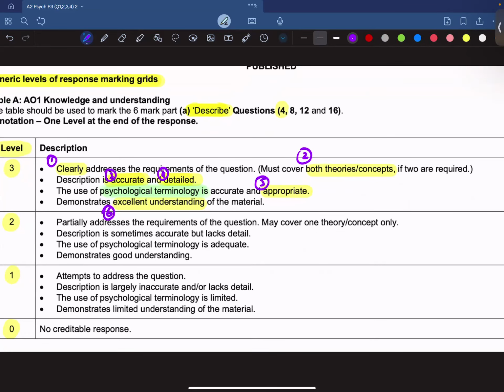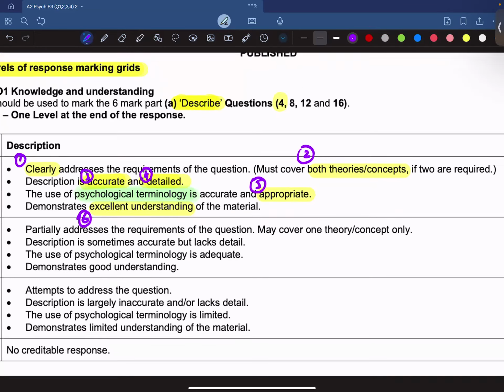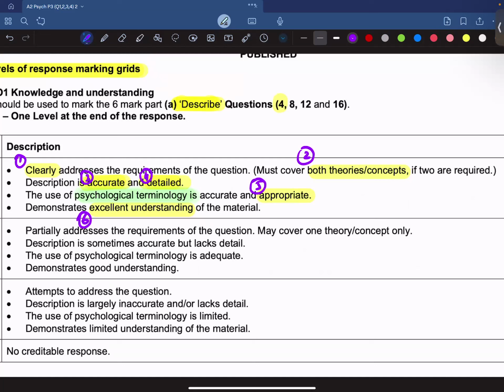As a student, if you want to score a 6 on 6, there is clarity required. You're expected to cover both theories and concepts if the question demands so. Number 3, accuracy. Number 4, detail. Number 5, appropriate material, in the sense that it should cater to the requirement of the question. And number 6, demonstrate excellent understanding of the material, right?